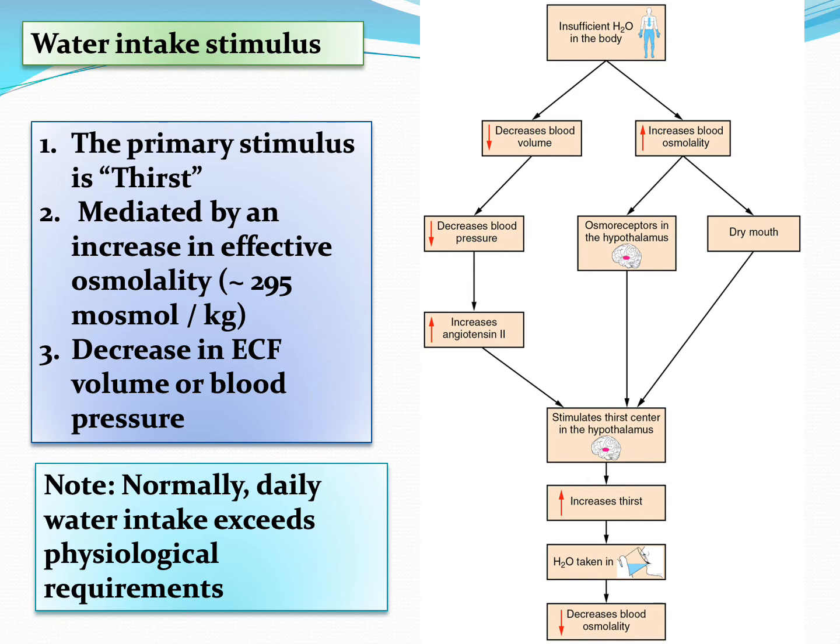Similarly, decrease in blood pressure will increase angiotensin II release, which will also stimulate thirst centers and lead to water intake. Please note that normally daily water intake exceeds physiological requirements.